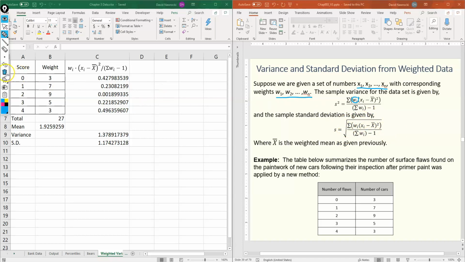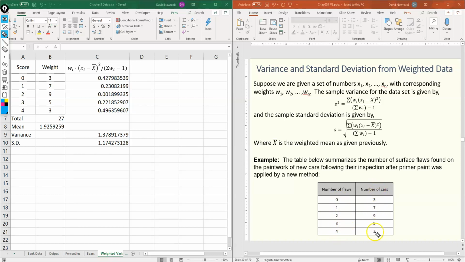Now let's take a look at this example. So down here, we have a table that summarizes the number of surface flaws found on the paintwork of new cars following their inspection after primer paint was applied by a new method. So in this column we have the number of flaws, 0 through 4, appearing on a car.